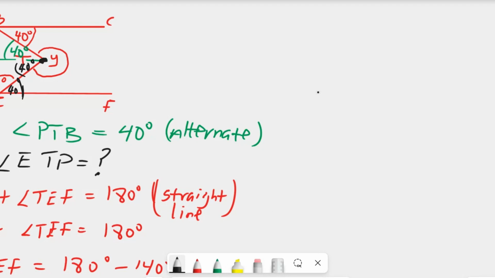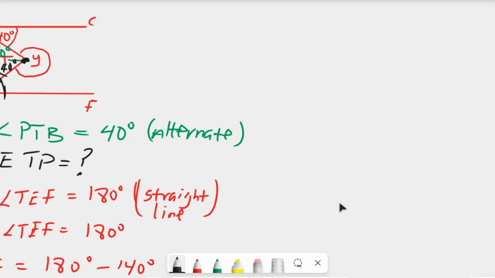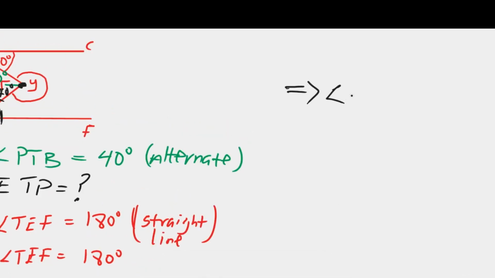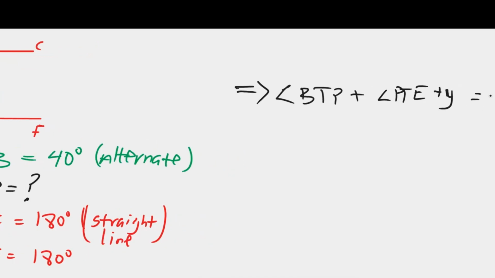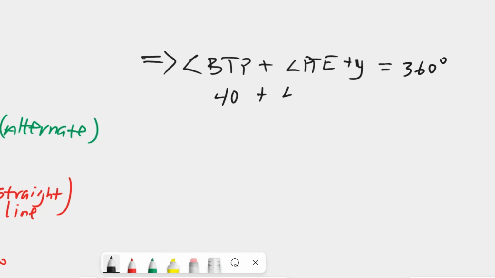So let's work it here right now. Angle BTP plus this angle, that is angle PTE, plus y is equal to 360 degrees. It's 40, this one too is 40, and plus y equal to this.